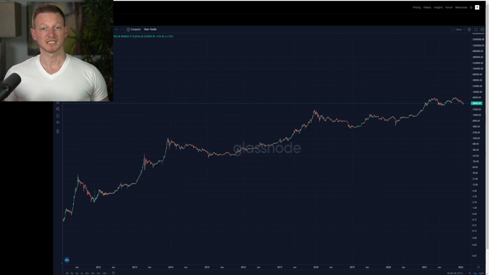Specifically, what this metric does is look at every Bitcoin on the network and determine the last time that it moved on the network. Are these coins currently at a profit or at a loss? So, in other words, currently trading at $38,500, let's suppose you bought a Bitcoin at $60,000 but you have not sold that Bitcoin.